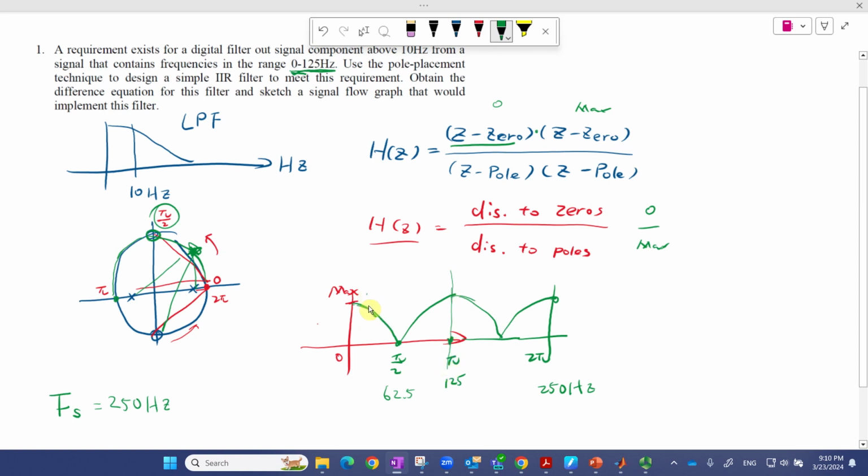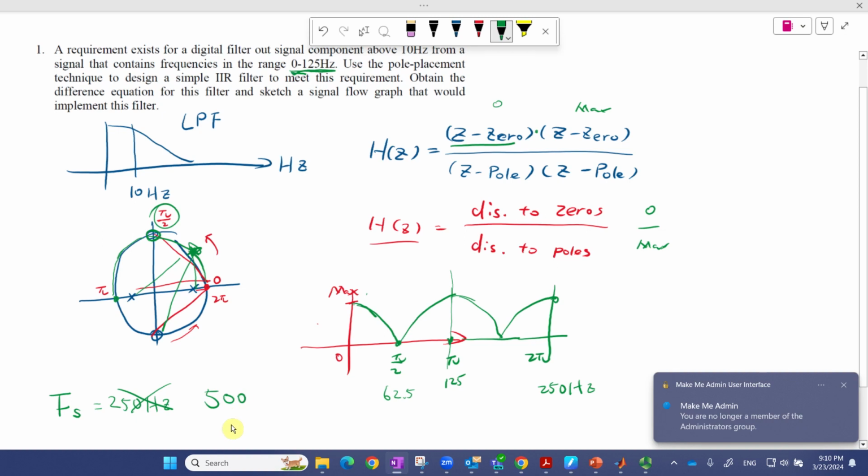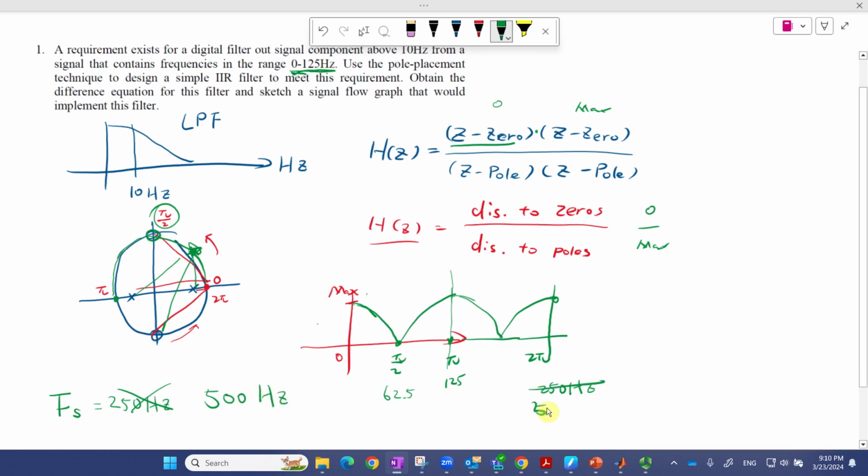You want to cut it at 10, but you don't want that information to pass. If you have a filter that looks like this, you will allow some information to pass. That's not good. So we can try to double that, making it 500 hertz. If that's 500 hertz, then this one is 125, which is good.